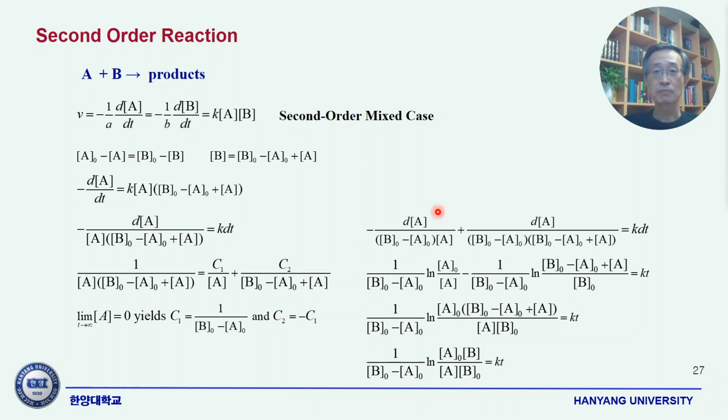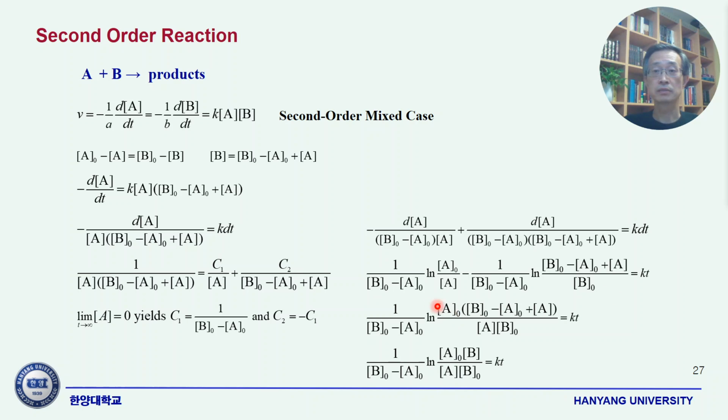Okay, so you separate the fraction, not the differential equation, into two parts, and then you can integrate them separately, because there's a plus sign. Then you obtain the first term and the second term equals kt.